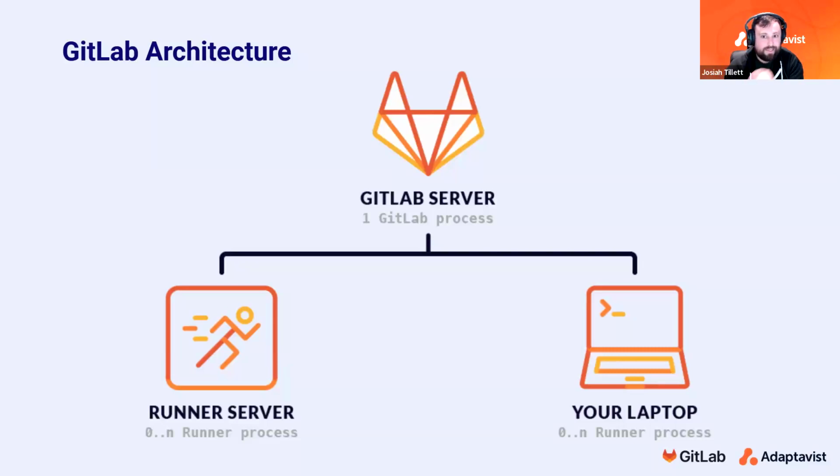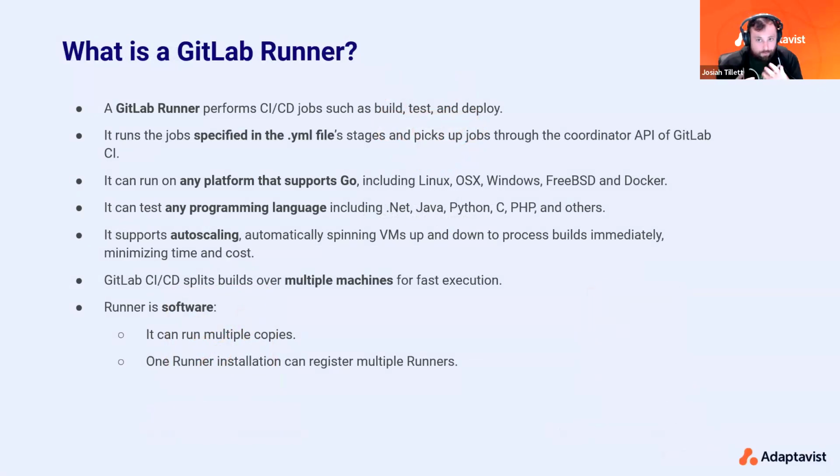You can technically place GitLab runners on your GitLab server, but it's highly recommended you don't. And considering how easy it is to spin up containers in AWS or on your rack, you should never have to do this. So a runner is an application that processes your CI/CD jobs.